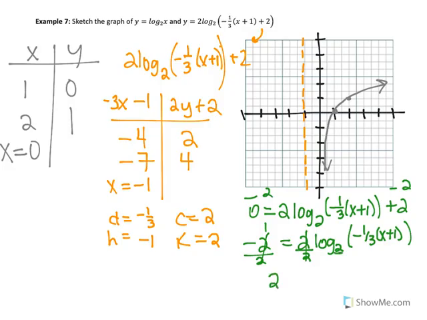So 2 to the power of -1 is equal to -1/3 (x plus 1). And now we're going to just solve for x.